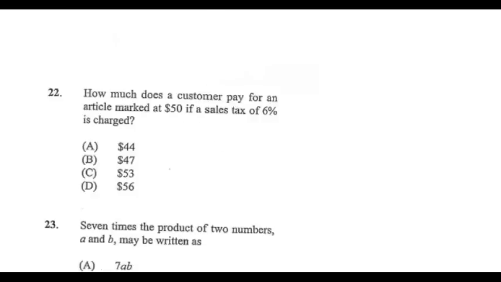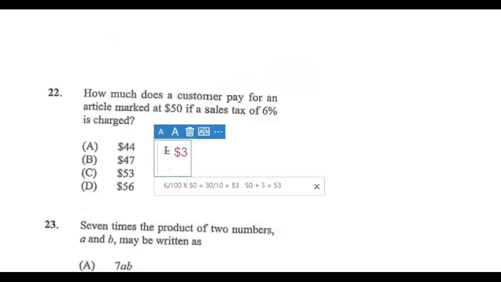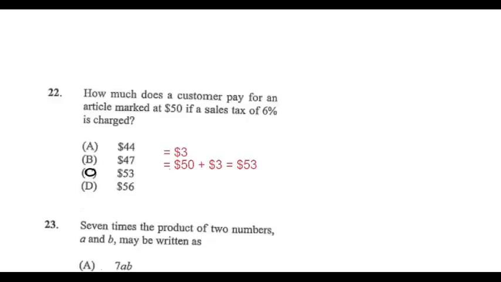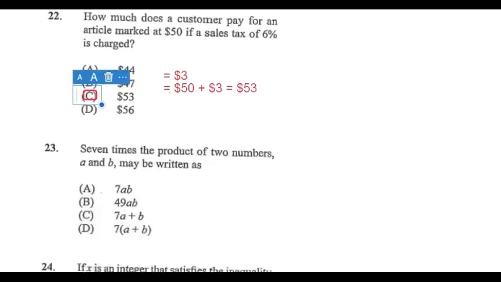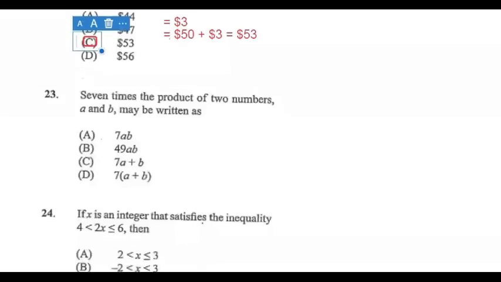So 6% of $50 is equal to $3, and therefore the total amount is equal to the $50 plus the $3 that was charged in tax, and that is $53. So the answer for 22 is C. So we find the tax on the article, add that amount to the marked price, and we get the total that was charged.